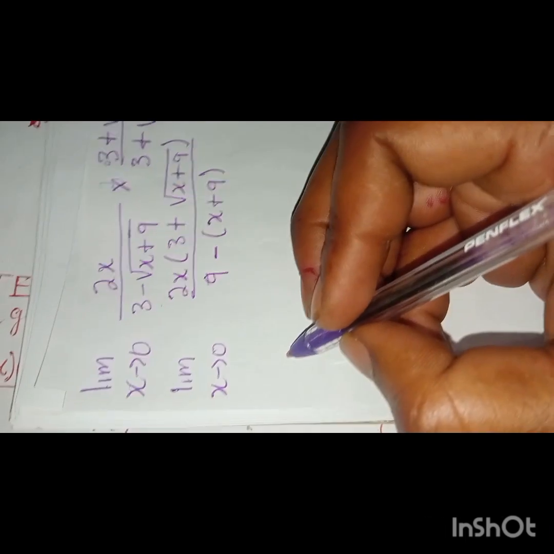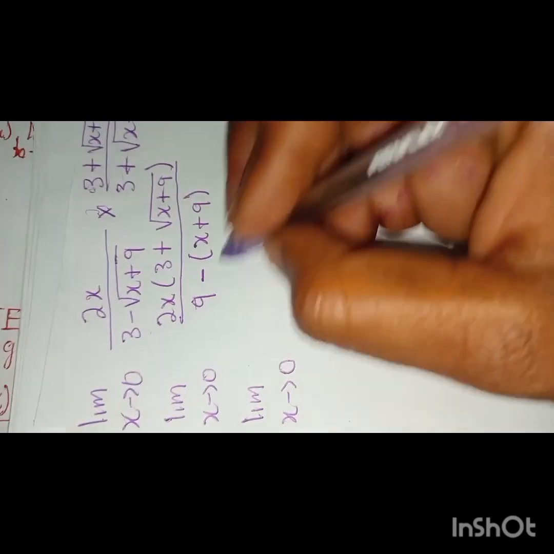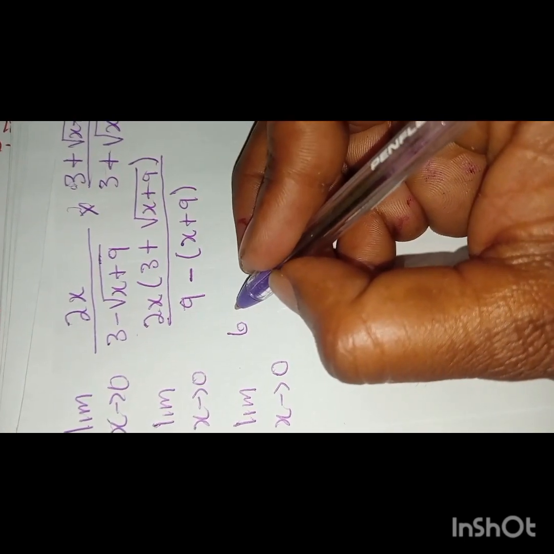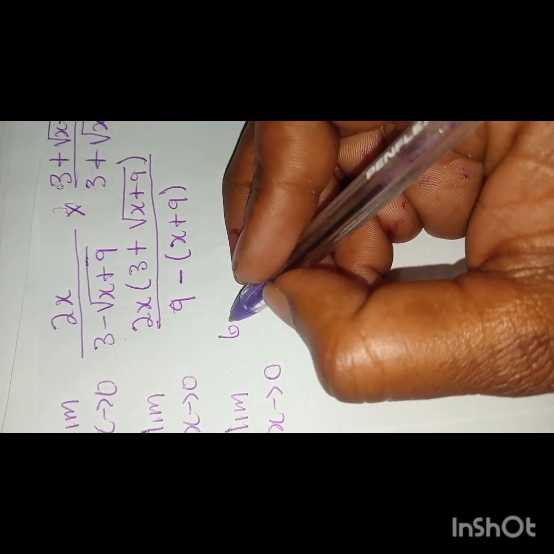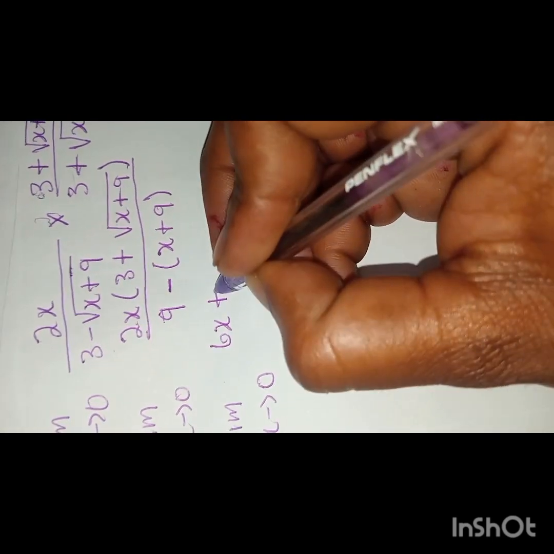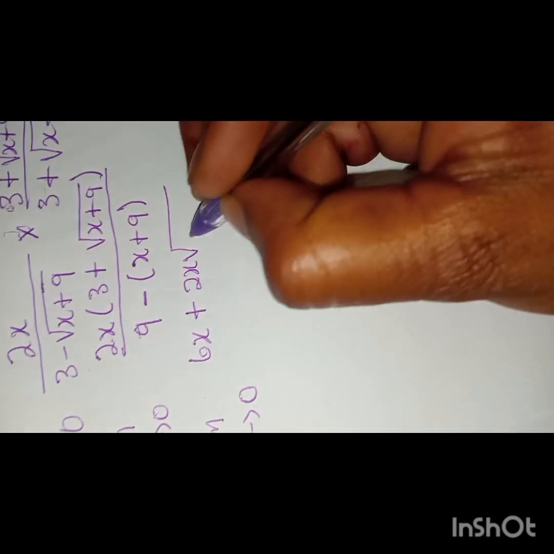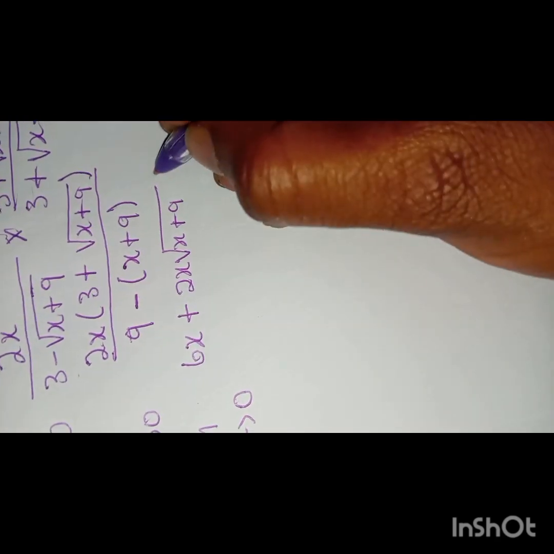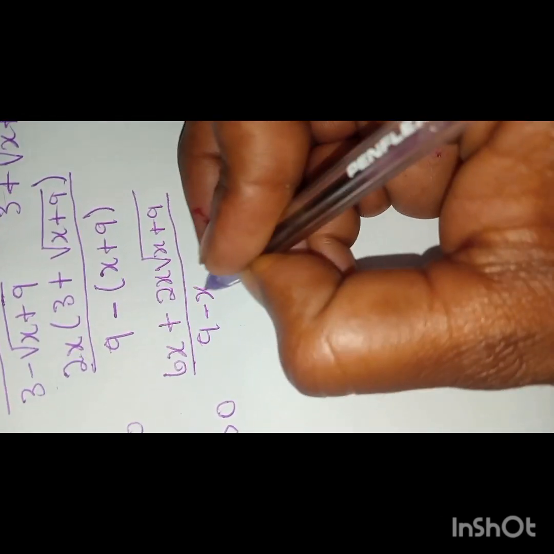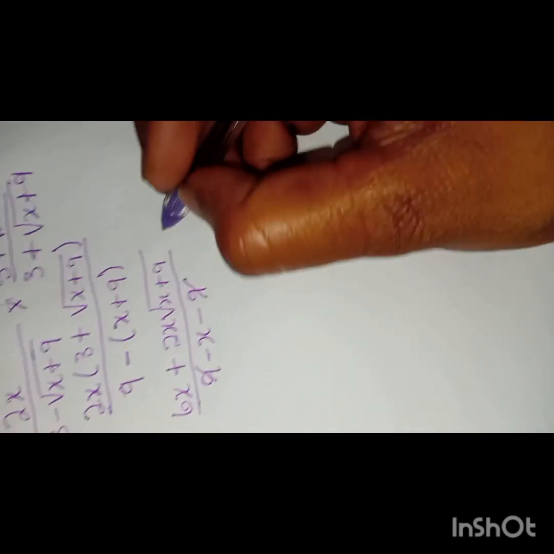Remember, it's a difference of two squares. Then the limit as x approaches 0 of 6x plus 2x times root of x plus 9, all over 9 minus x minus 9. So 9 cancels 9.